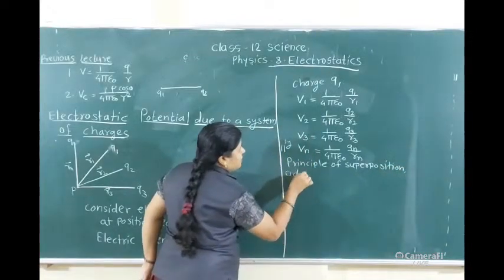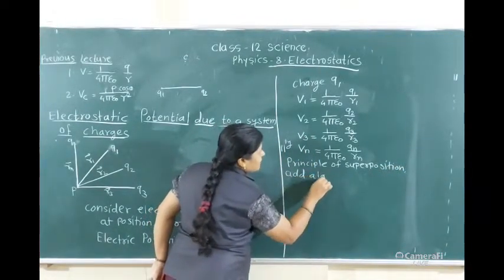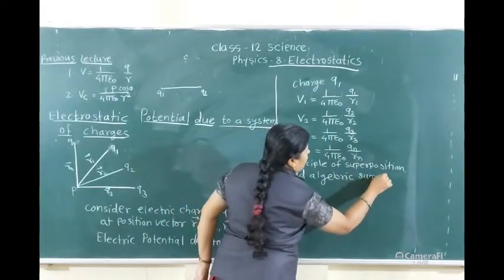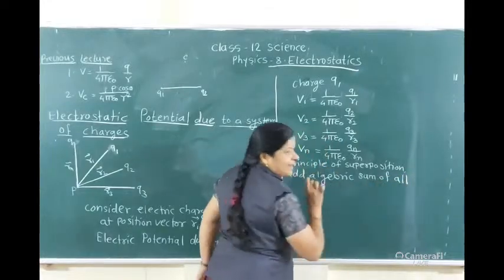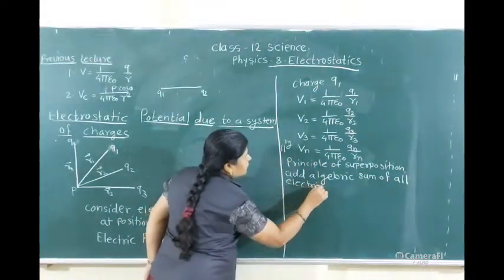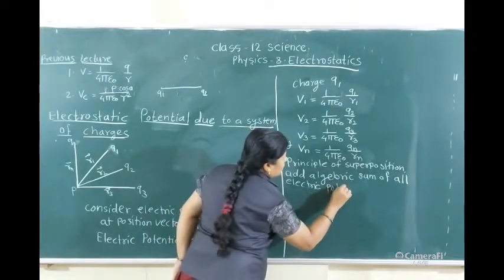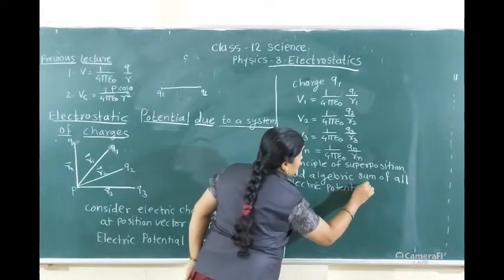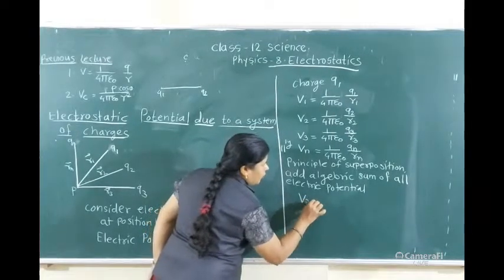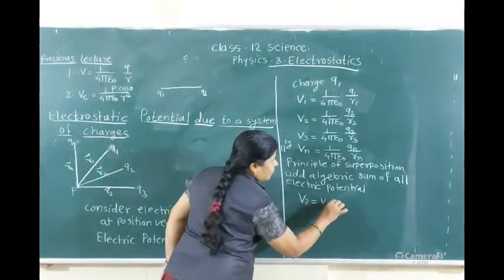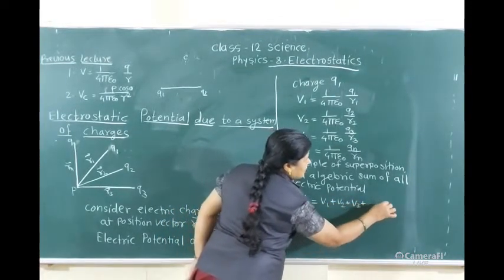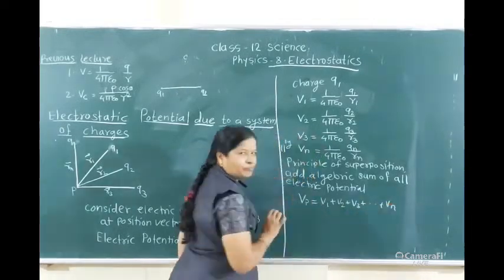We have to add the algebraic sum of all the electric potentials. So the total electric potential at the point P is phi1 plus phi2 plus phi3 plus phi n.